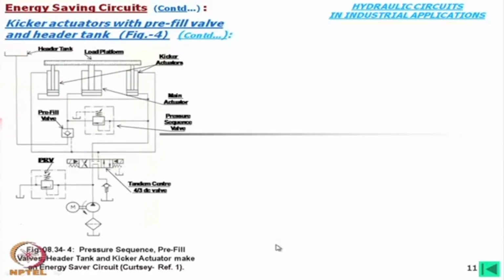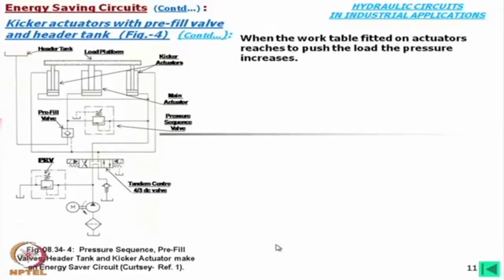And then when the work table fitted on the actuators reaches to push the load, the pressure increases. Actually, in any press you will find initially, suppose it is squeezing cotton, let us consider. Initially cotton is put in between and there is no load.